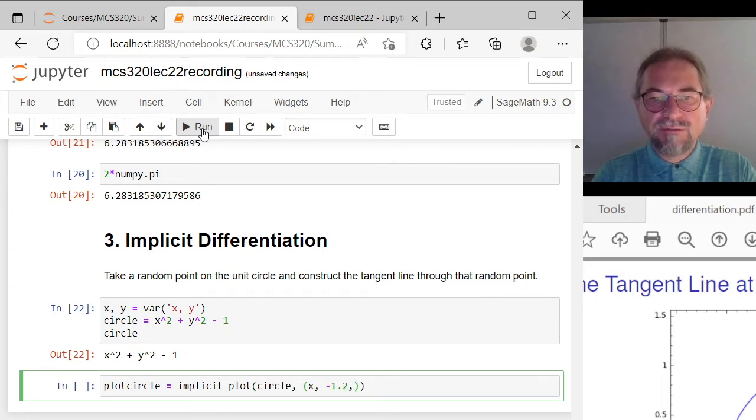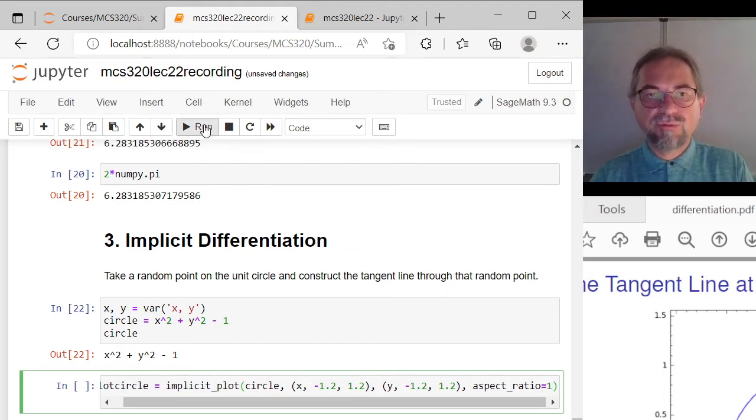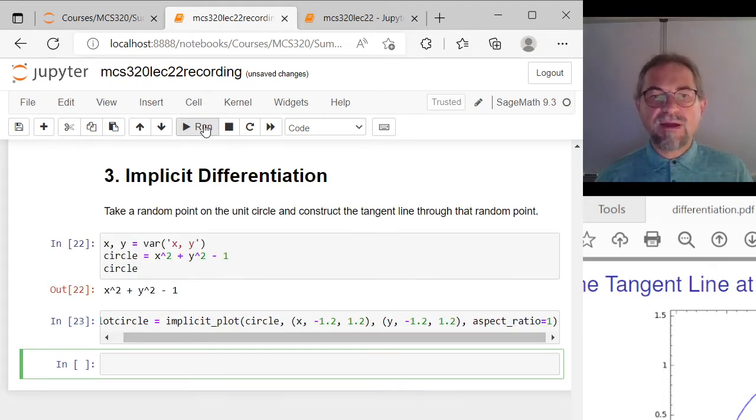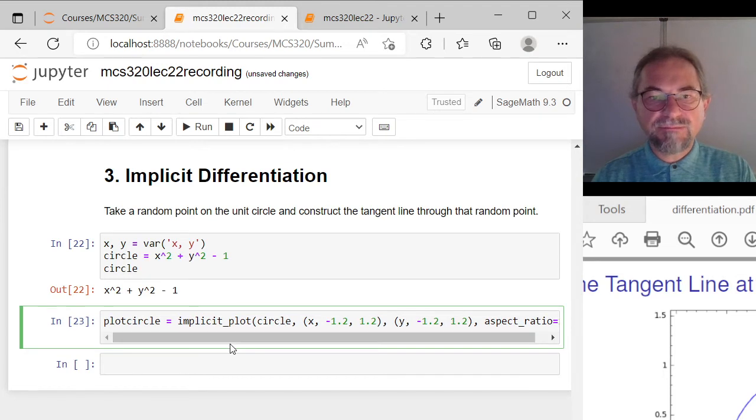I have to give the range for x and for y. And I don't like it when the circle shows up as an ellipse, so I will ask Sage to use the same aspect ratio for both the x and the y direction.